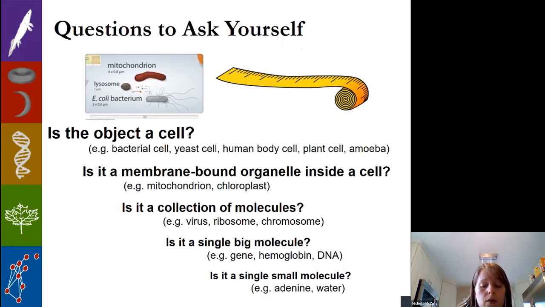For example, a piece of DNA is going to be made up of nucleotides. A protein is going to be made up of amino acids. So DNA and proteins are the big molecules, but still single molecules, not collections. And what is smaller than them are the building blocks of those types of molecules.